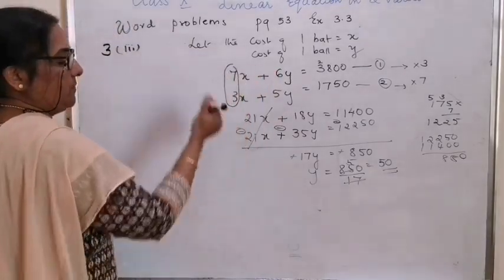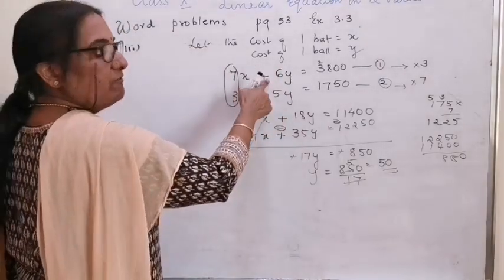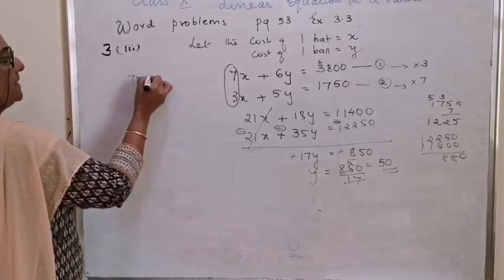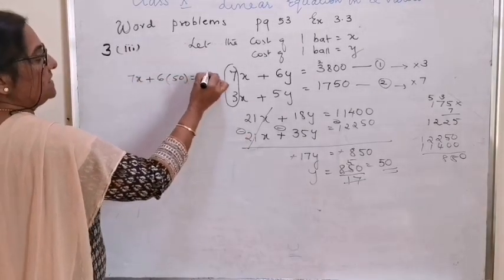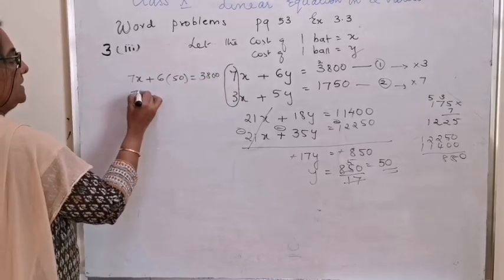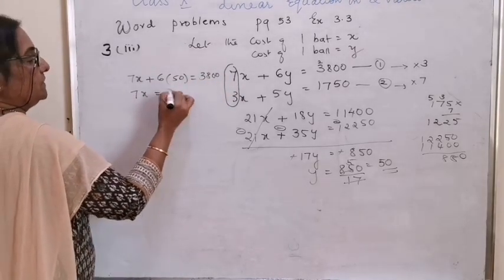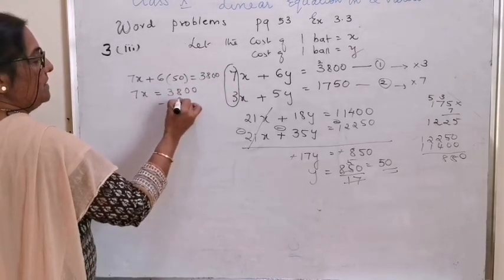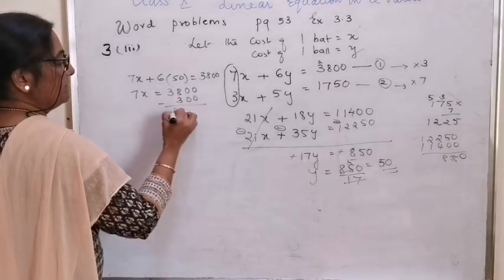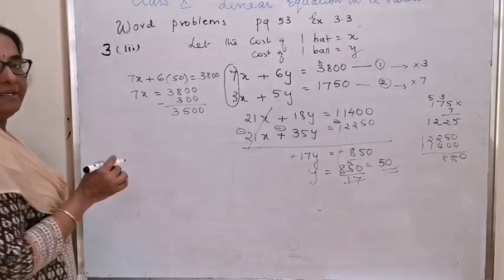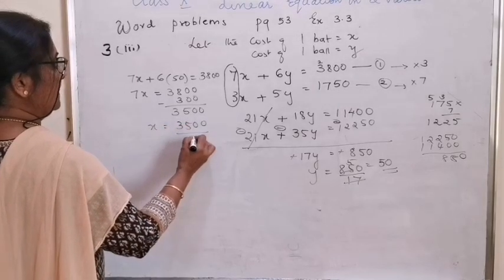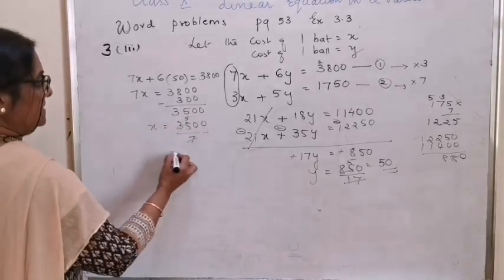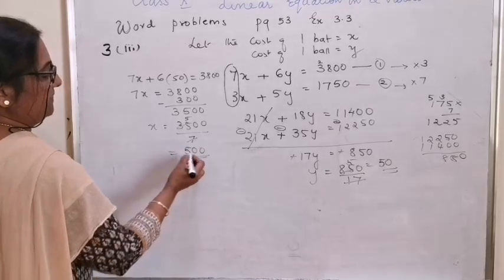Substituting in one of the equations, the smaller equation is enough. 7x plus 6 into 50 is the same as 3800. 7x is equal to 3800 minus 300, 3500, or x is equal to 3500 by 7, which is equal to 500.